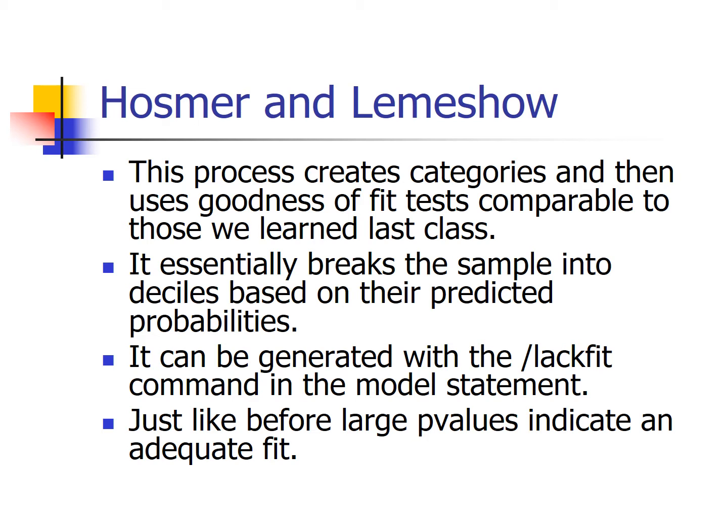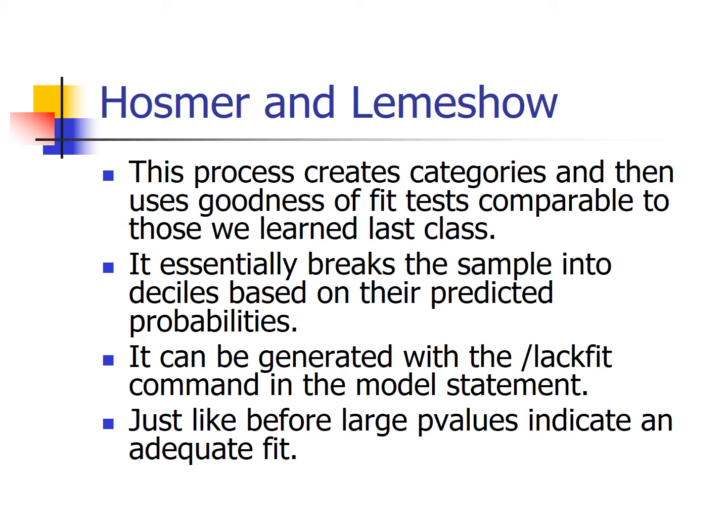So how does it come up with these categories? Well, what it does is it focuses not on the x's, but instead on the predicted probabilities. Now remember, the predicted probabilities are functions of these x's. So instead of focusing on the x's themselves, it focuses on the predicted probabilities. For every observation, it uses the x variables and of course the model that we fit to come up with predicted probabilities.